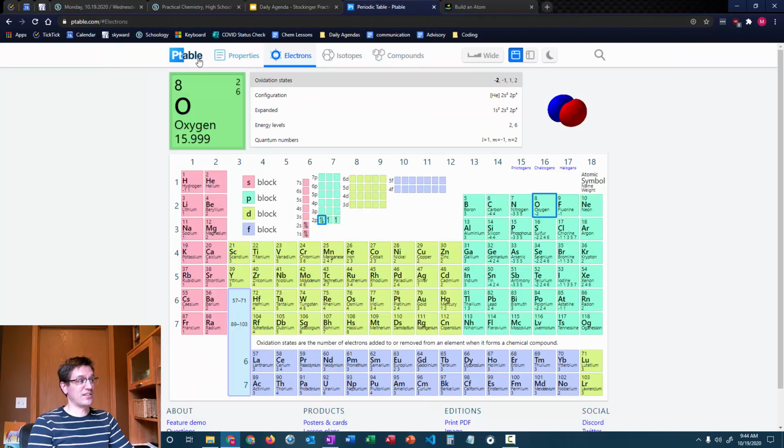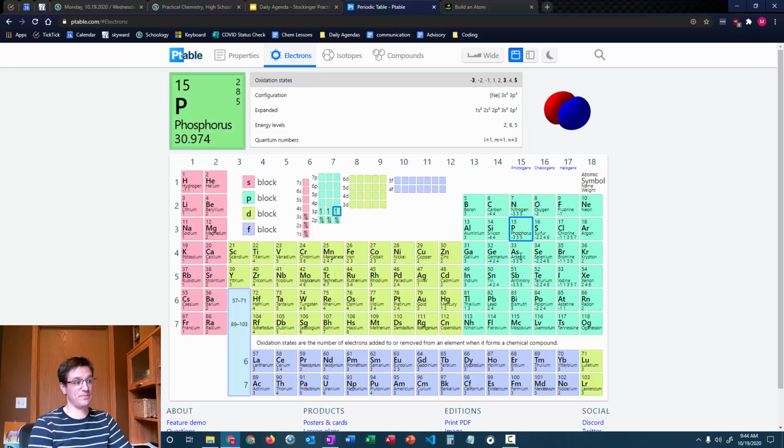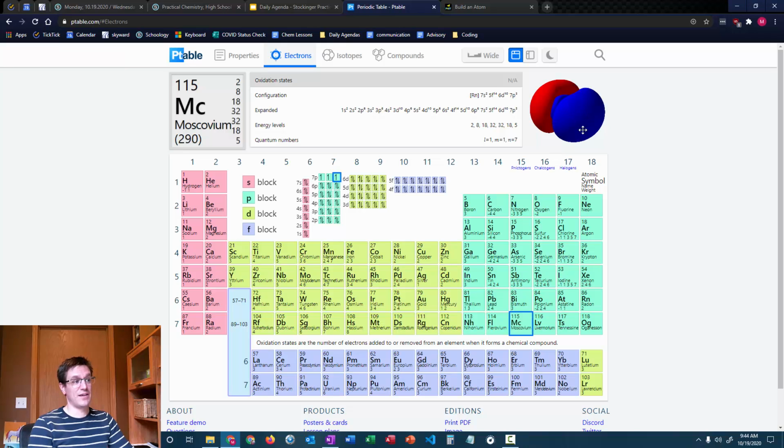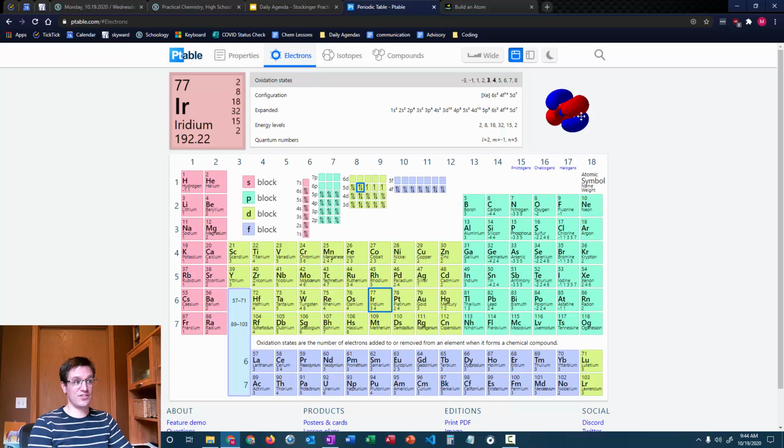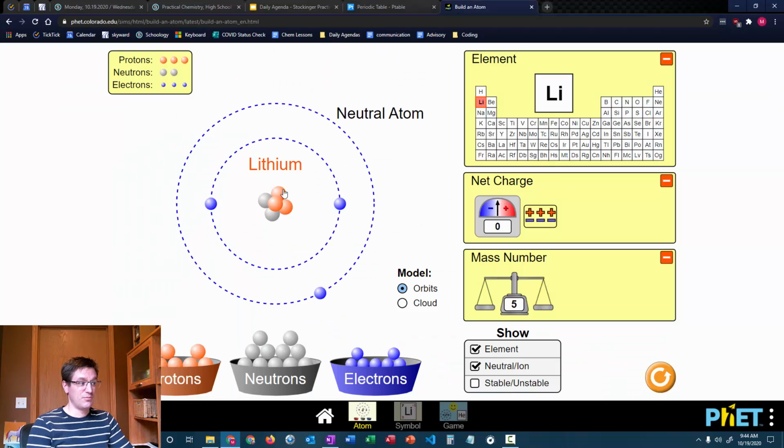If you go to ptable.com and click over here on electrons, and you select various atoms, you'll get these pictures up above here. And you'll see that as we get bigger and bigger with the atoms, that picture gets more and more complicated. What we're looking at here is the electron cloud surrounding each one of these elements. And you can see atoms are all different shapes. They're not just little spheres. They're not protons and neutrons with rings around them.